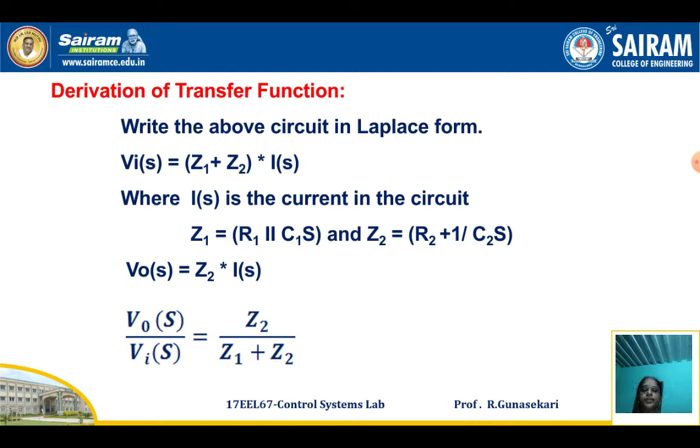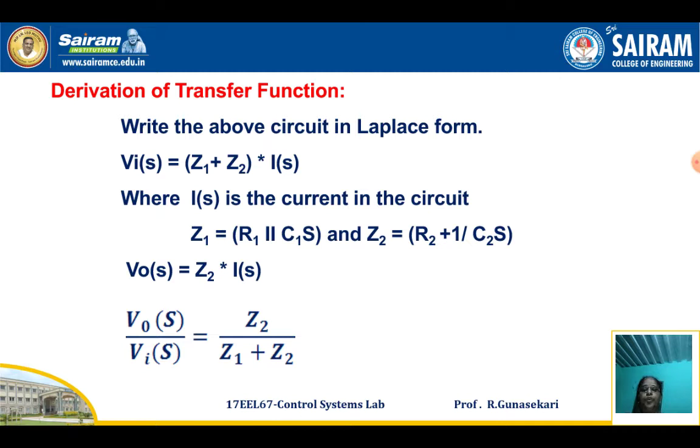Derivation of transfer function. For this lag lead compensator network, after taking the Laplace transform, the input voltage Vi of S equals Z1 plus Z2 multiplied by I of S, where I of S is the current in the circuit, Z1 is equal to R1 parallel C1S and Z2 equal to R2 plus 1 by C2S.